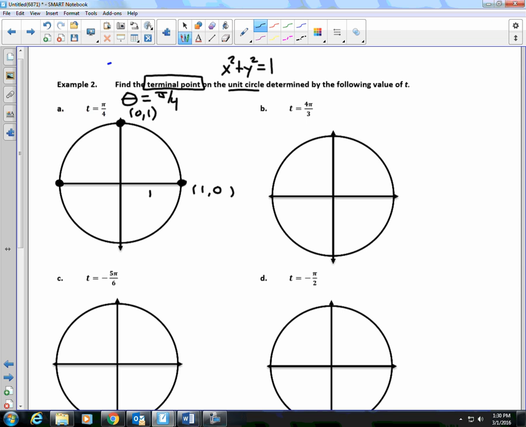What is the coordinate right here? -1, 0. What is the coordinate right here? 0, -1. Any questions on how I got any of those 4 coordinates?